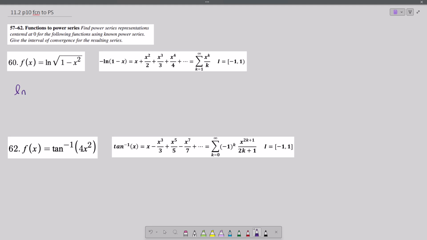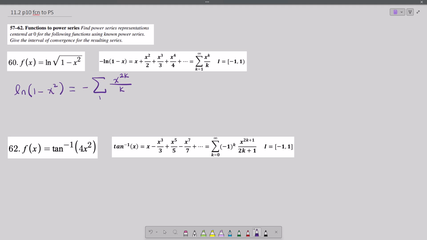So natural log of 1 minus x squared. So that power series, we multiplied by -1, so we're going to put that in front of the summation. Starts at 1. And we replace the x with x squared. So if you replace the x with x squared inside the summation, you now have that. All right.